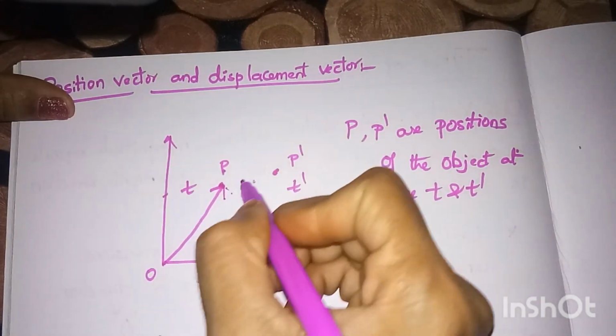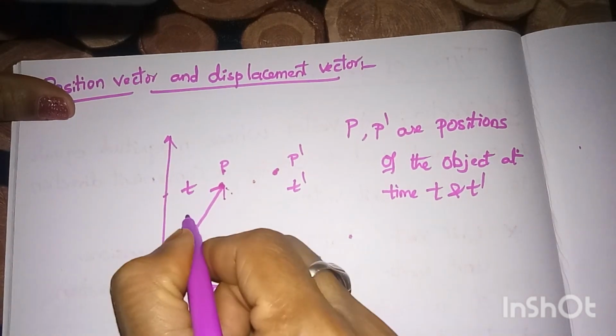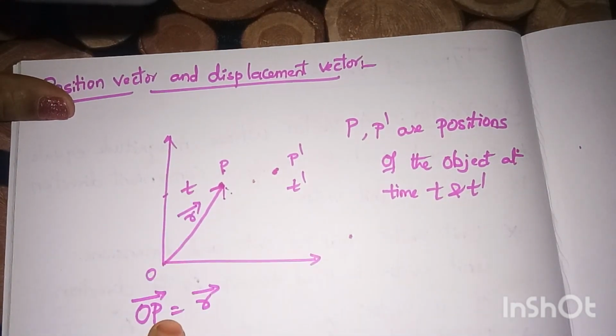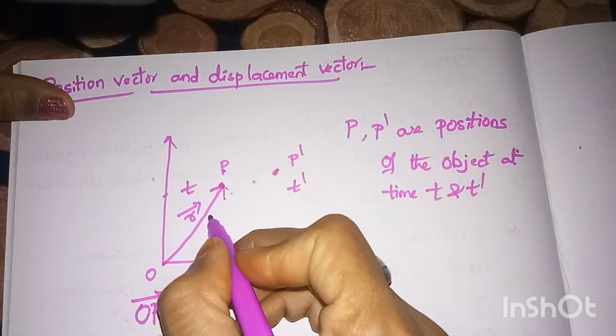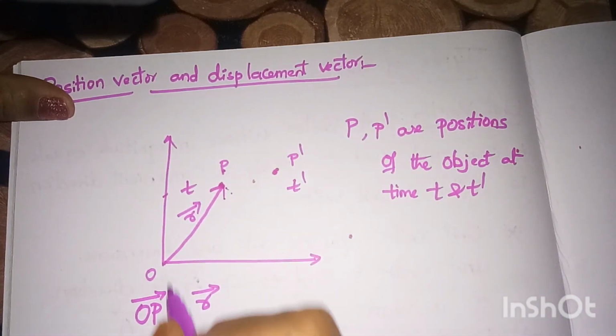So this is the position vector. OP is the position vector denoted by R bar. So this is the position vector from O to P. Here the line represents magnitude, and the arrow represents direction of the object.